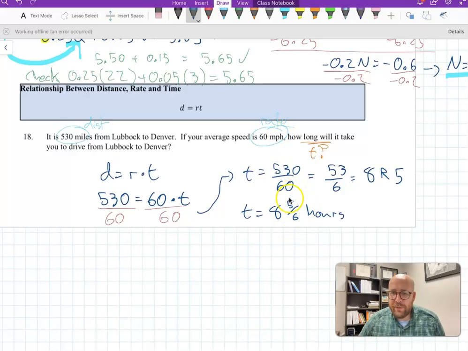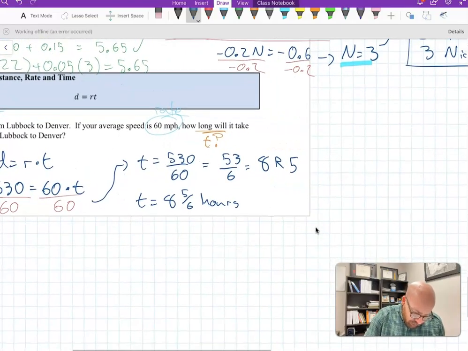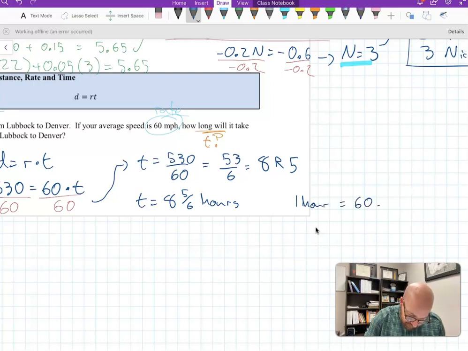but I wonder if we could rewrite 5/6 as minutes. So let's do a little bit of work over here. 1 hour is equal to 60 minutes. So 5/6 of 1 hour is going to be equal to 5/6 of 60 minutes.